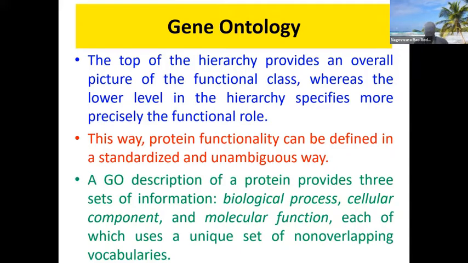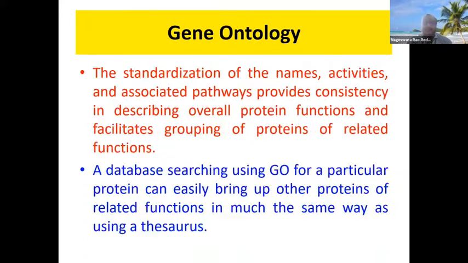So a protein provides three sets of information: gene ontology biological process, cellular component, and molecular function, each of which uses a unique set of non-overlapping vocabularies. With this, we can identify the overall functions of the protein.